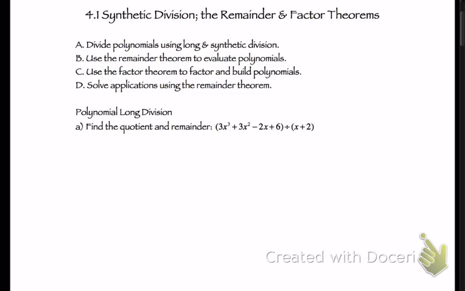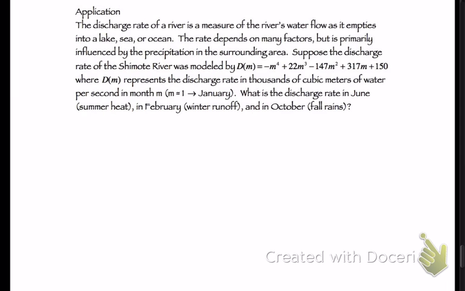So, if you would turn to your application problem, read that to yourselves quickly. What I notice when I'm reading this, some things that I'd probably highlight, things that are going to be important. First of all, it gives me the formula that I should be using, where D of M represents the discharge rate. Oh, this is a huge one.